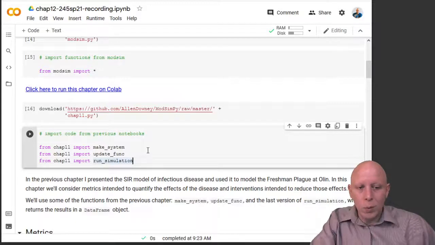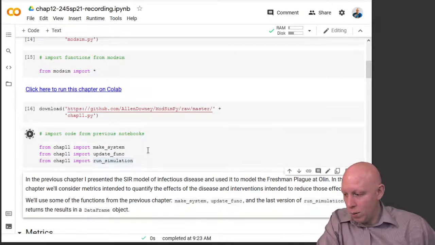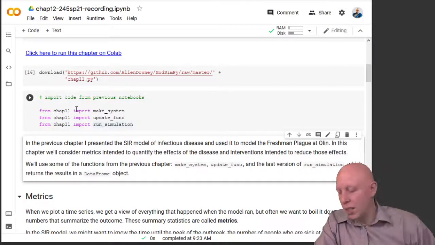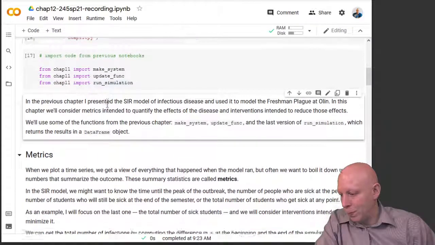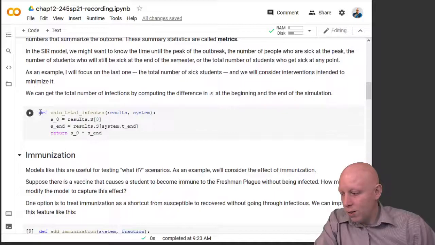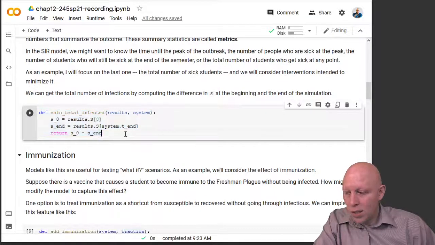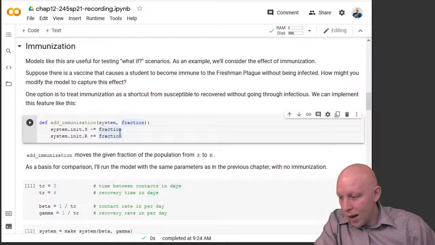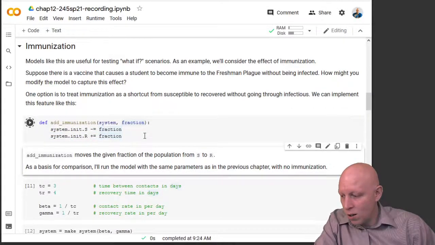If you feel more comfortable, bring those in yourself. Keep them in the same file, but this is how we can import them from the other file that we created. Here is our function that calculates the total number of people who were infected. And this is our add immunization. Remember, it removes some fraction of people from S and adds them into R.